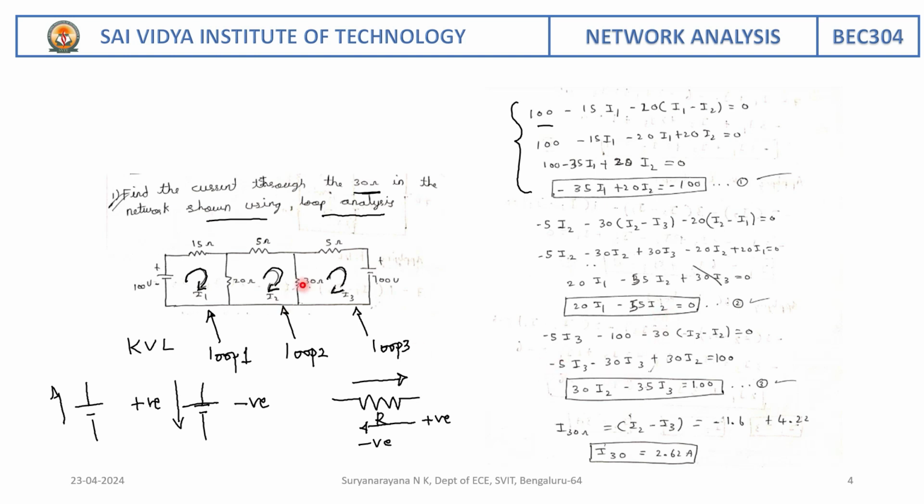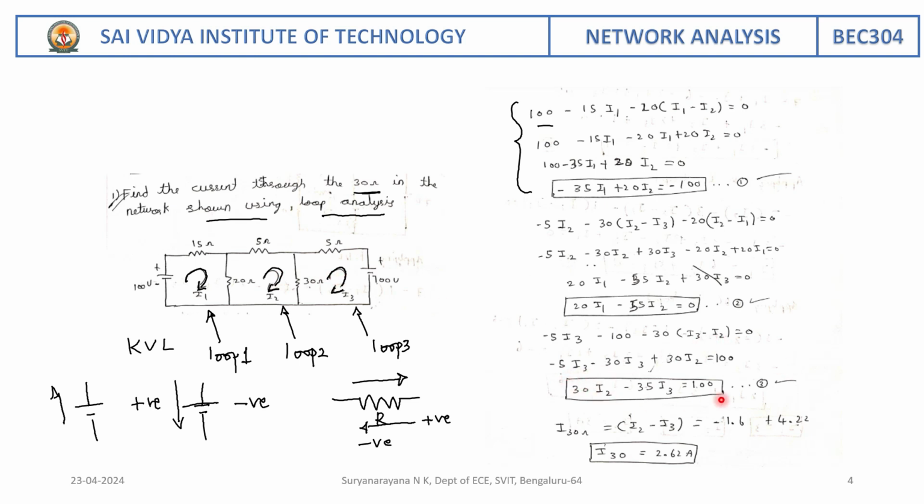Now writing the loop equation for third mesh as shown here with voltage source. So let us consider this. So I am now moving in the direction of current assumed, therefore minus 5I3. I am moving from plus to minus, therefore minus 100, minus 30, and two currents are flowing here, that is I3 minus of I2, that is equal to 0.